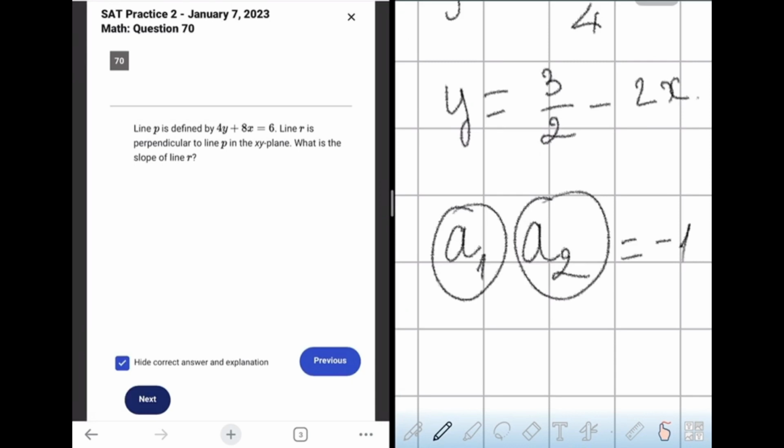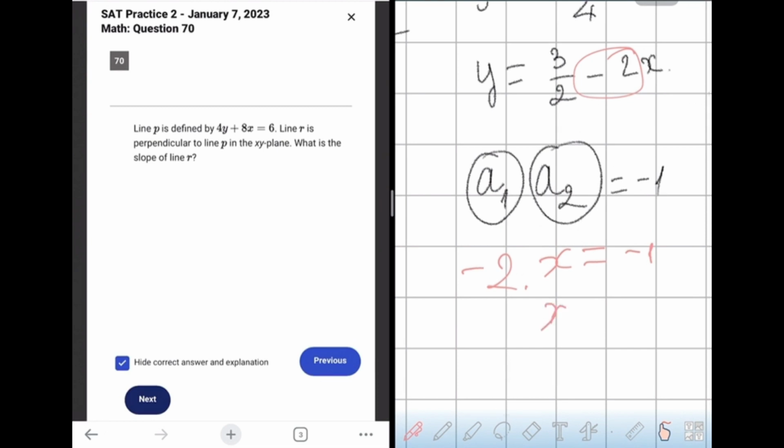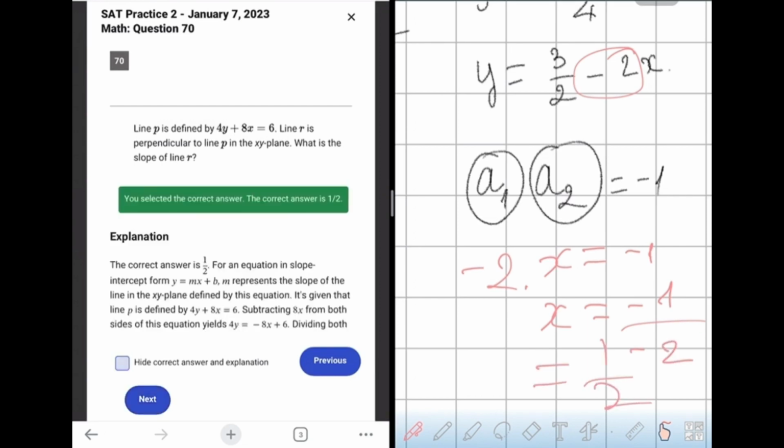So in this case, you see that line P has the slope -2. So we multiply it by x, the slope of line R, and set it equal to -1, and we will solve it. X equals -1 divided by -2, which is 1/2, right?